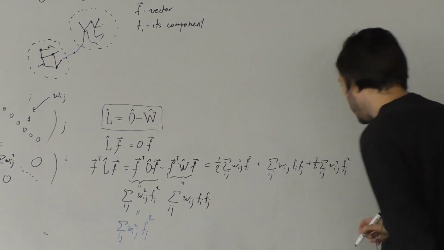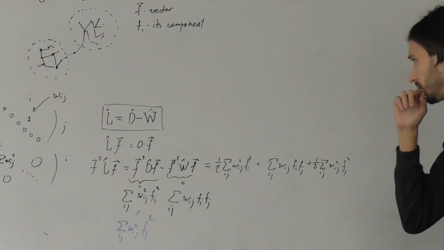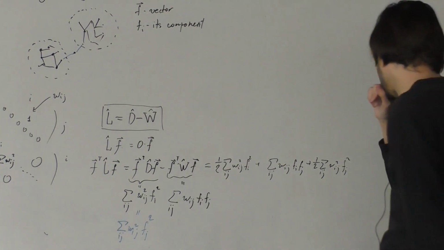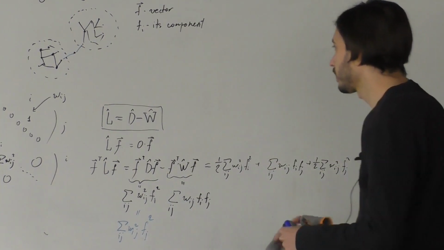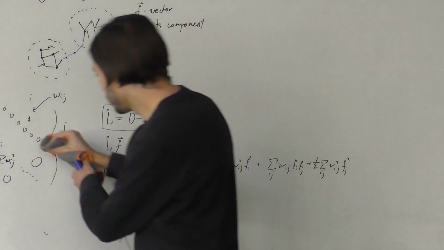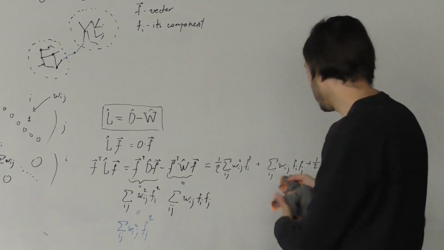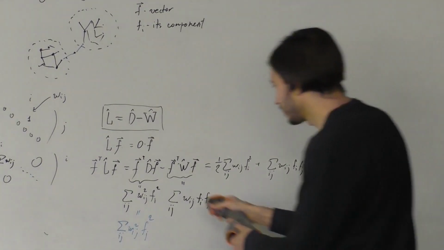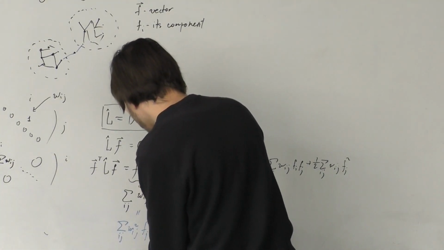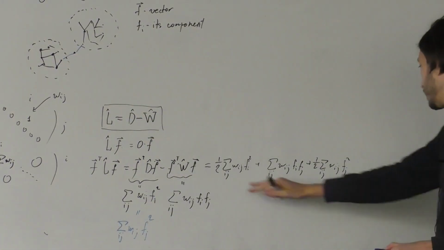Well, let's see. Maybe I don't need to square this w_ij. Okay, maybe not, maybe I'm doing that wrong. So I don't have square in here, and in here. It doesn't really change anything, but we'll need that. Okay, so we have this expression.